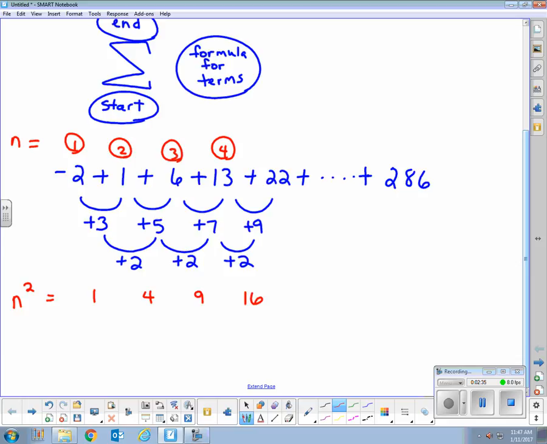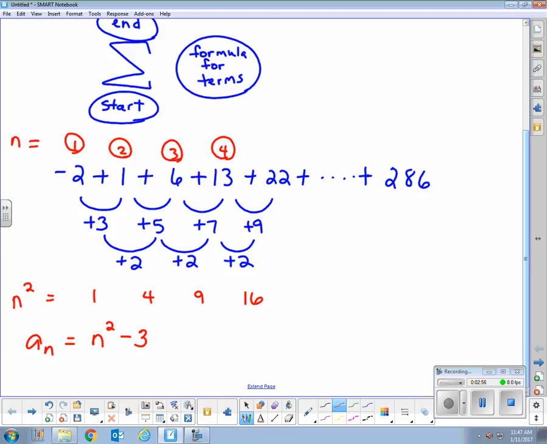And if I compare my values of n squared with the given values, -2, 1, 6, and 13, I notice that they're all off by 3. So my formula for generating terms in this series is going to be n squared minus 3.